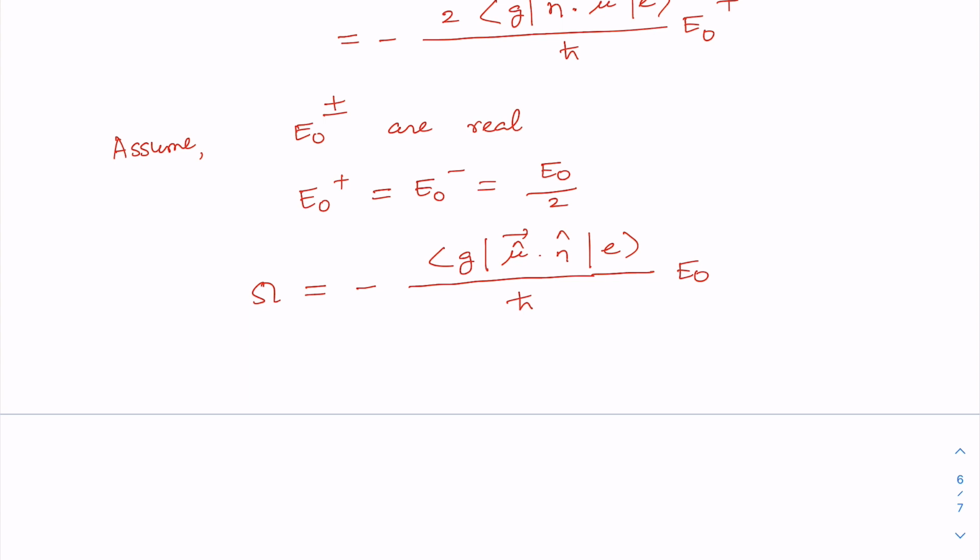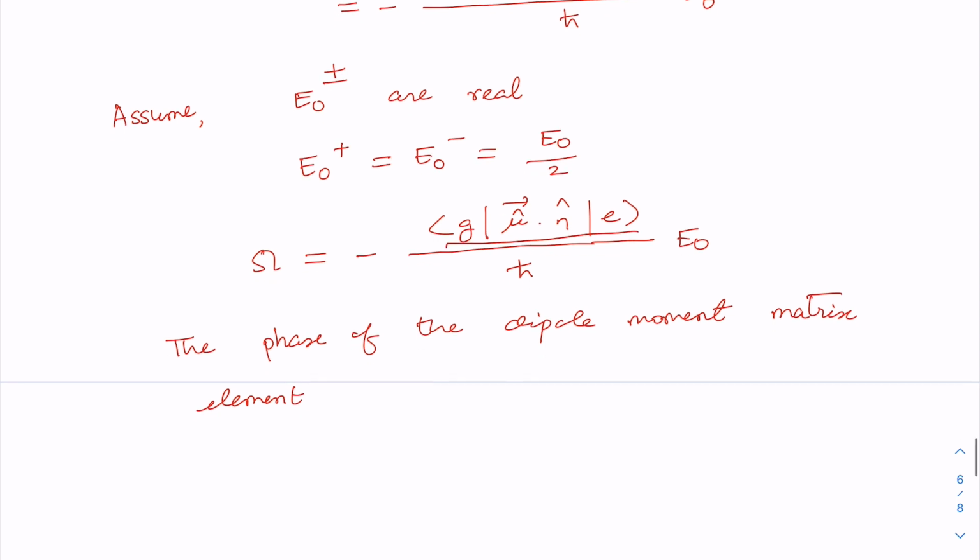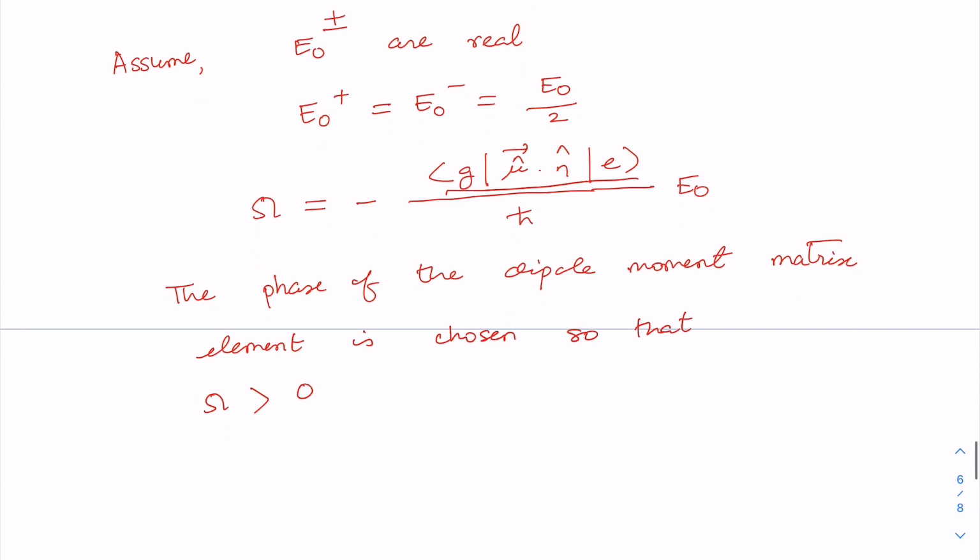Now generally the phase of the dipole moment matrix element, that means this guy, is chosen so that the Rabi frequency is always positive, omega is greater than 0.